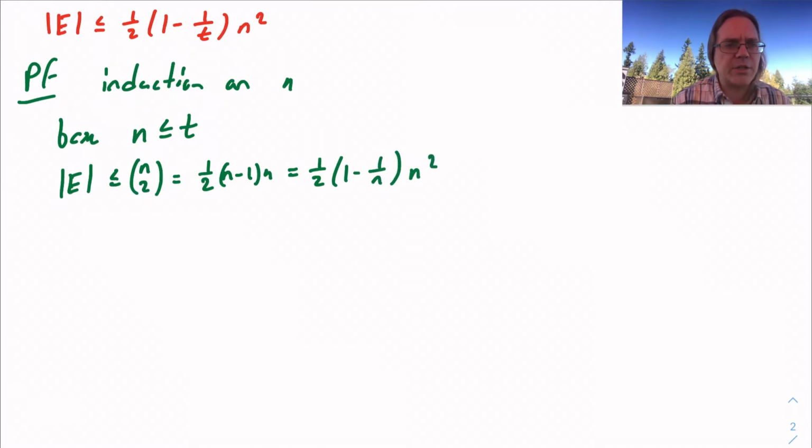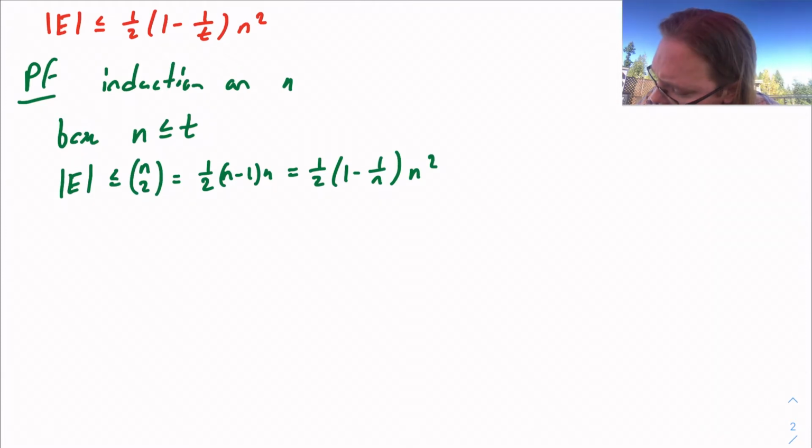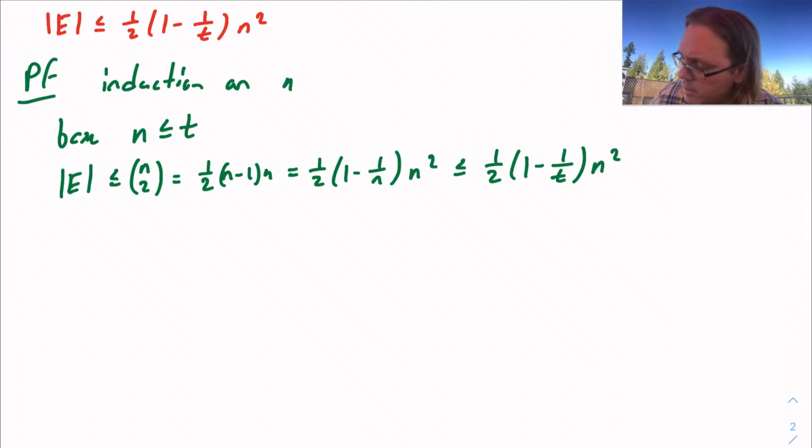Right, so the number of edges in my graph is going to be less than or equal to 1/2 times 1 minus 1 over n times n squared. But now you remember here, n is less than or equal to t. And that means this whole quantity is going to be less than or equal to 1/2 times 1 minus 1 over t times n squared.